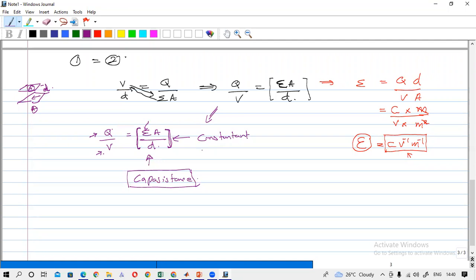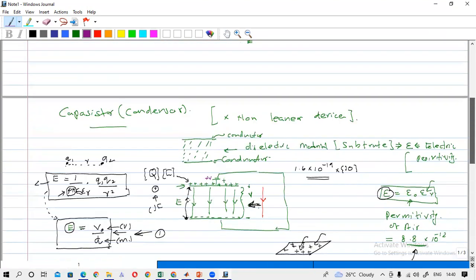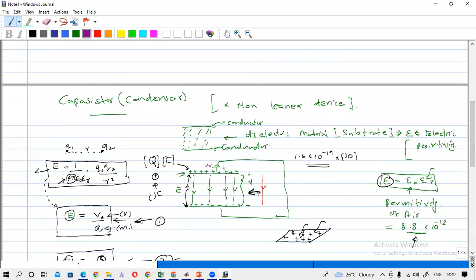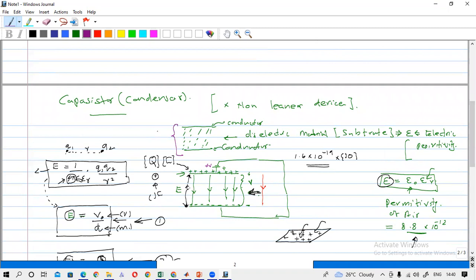Otherwise, we would have to change epsilon, A, or D. If we didn't do any physical modification to this capacitor, I can call this unit a capacitor: a dielectric sandwiched between two conductors.